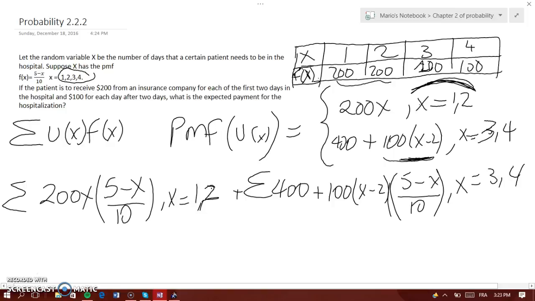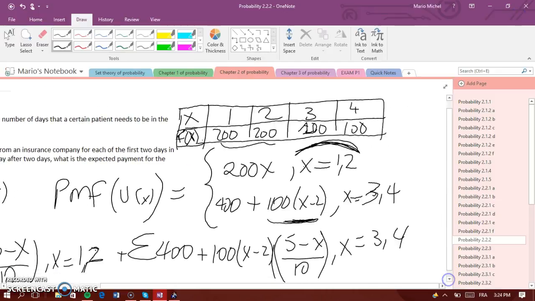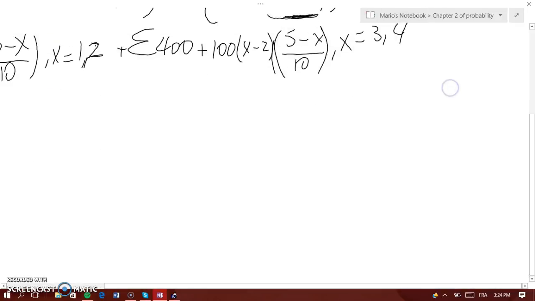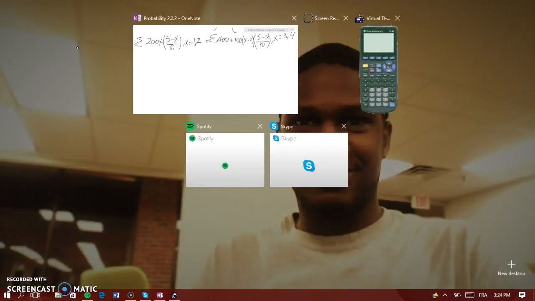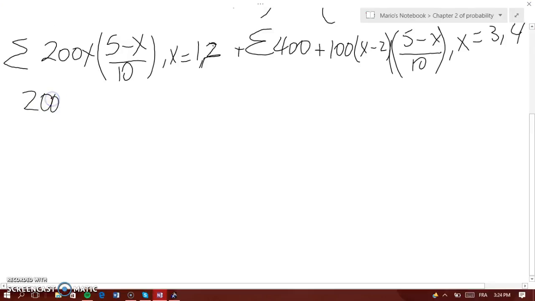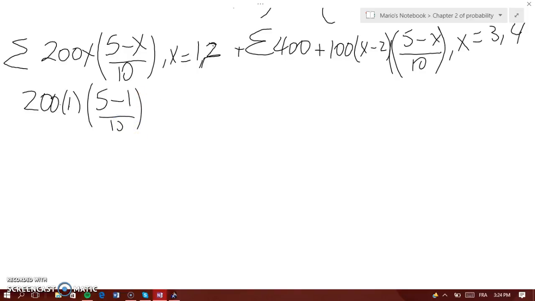So what would that be equal to? Well, when x equals 1 and 2, we would get 200 times 1 times 5 minus 1 over 10, plus 200 times 2 times 5 minus 2 over 10.